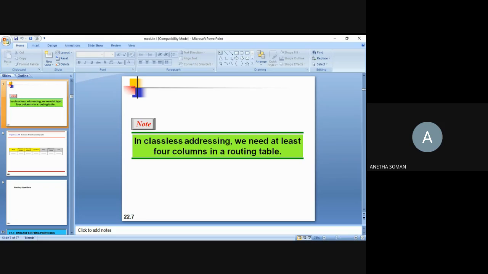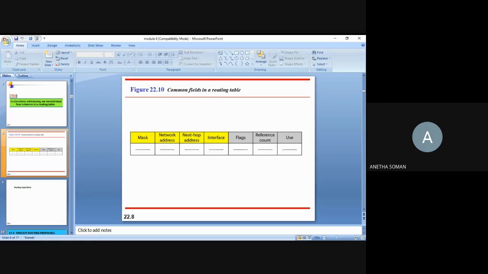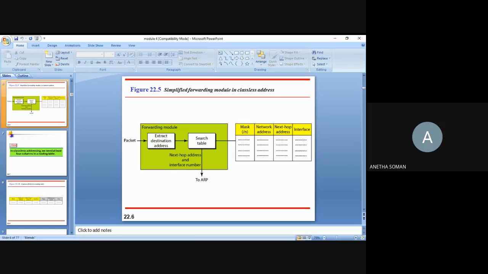This is a figure showing the contents present in a routing table. You will have the mask value, the network address, the next hop address, and the interface. So assume you are making use of classless addressing.